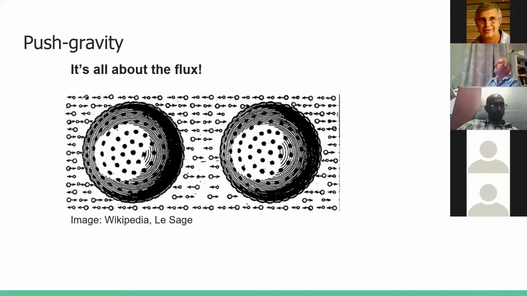What this effectively does is create a slight vacuum between the two balls, which will push them together. Now, this is as far as this theory works. After this, it becomes hugely problematic, and that itself will be a talk on its own, so I'm not going to go into that too much.